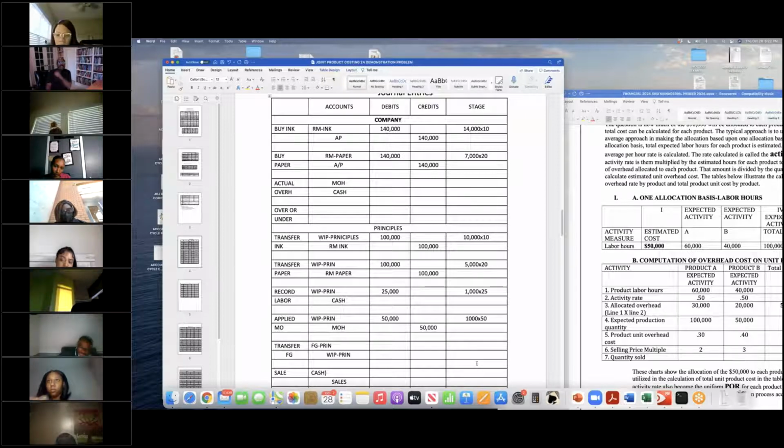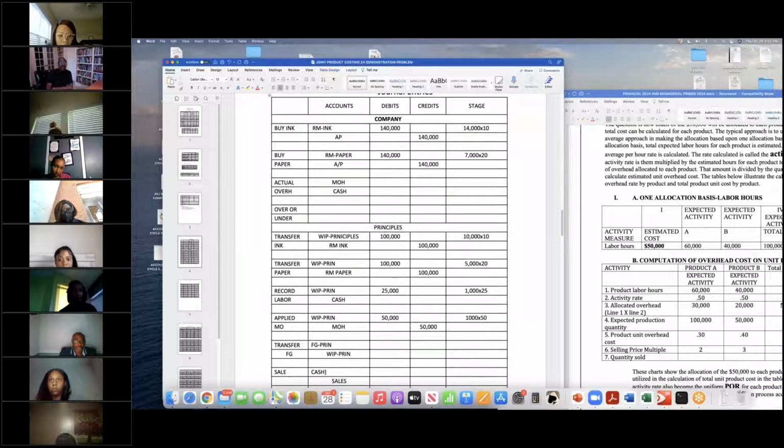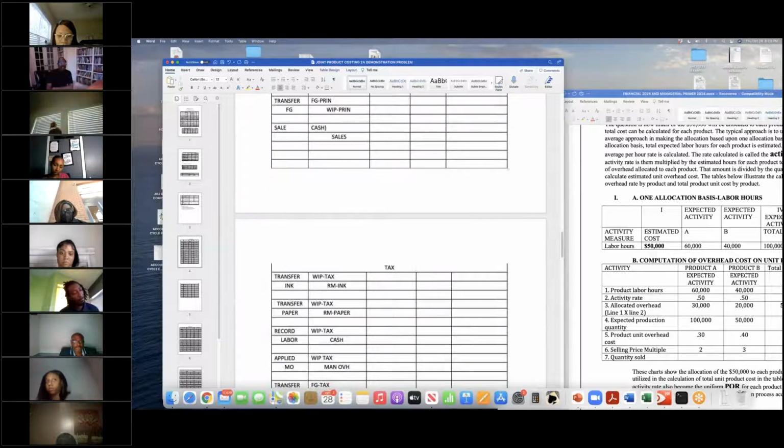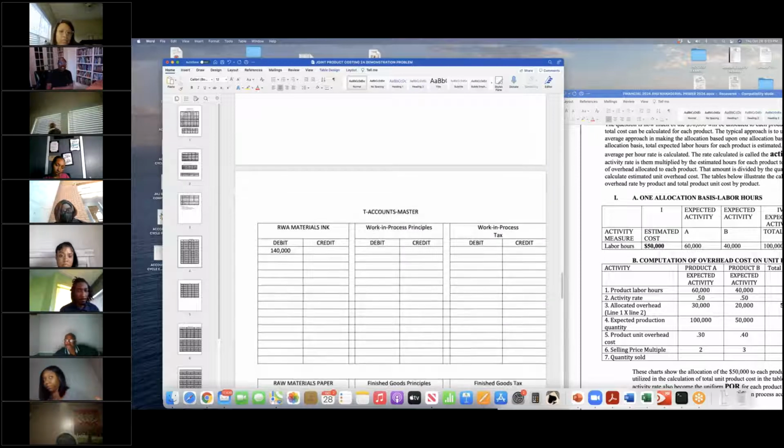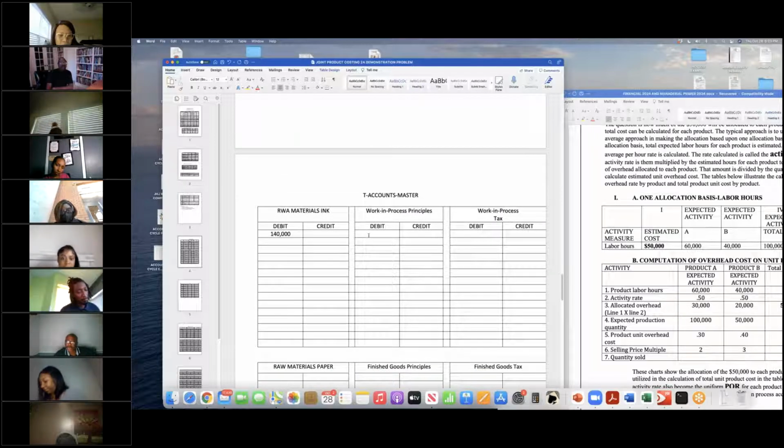And the next thing we're gonna do is to put all of these costs into the work in process account for principals. 100, 100, 25, and 50. So we have 100,000, and we'd have credited the ink for it.